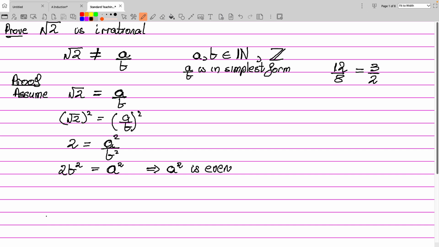So as a consequence of that, because a squared is even, a is also even. This implies, if a is even, that it can be written as a multiple of 2, because all even numbers are multiples of 2, aren't they?